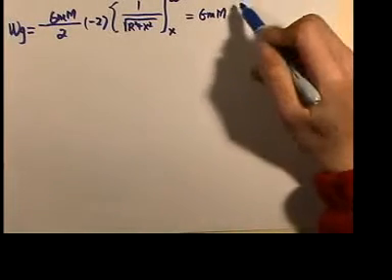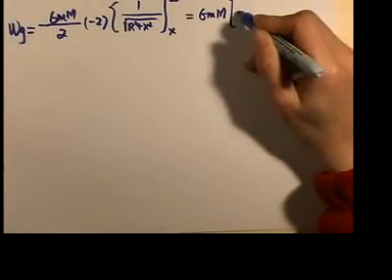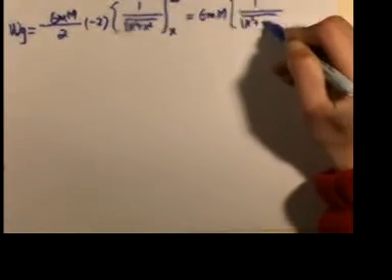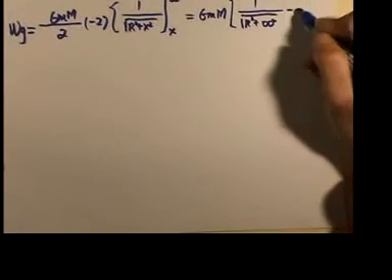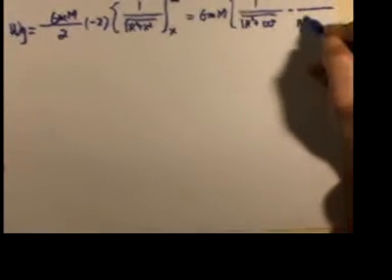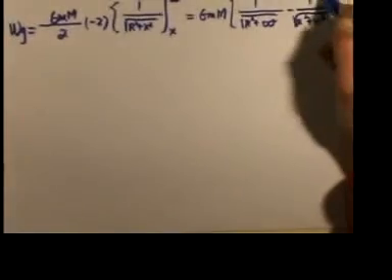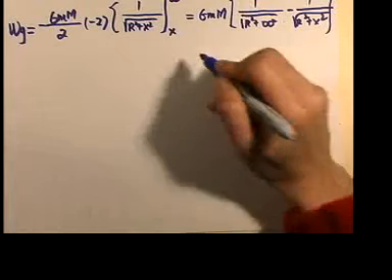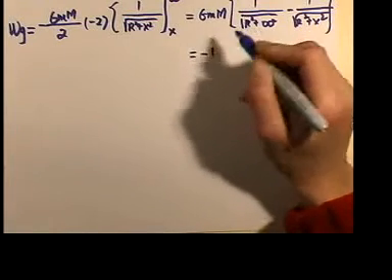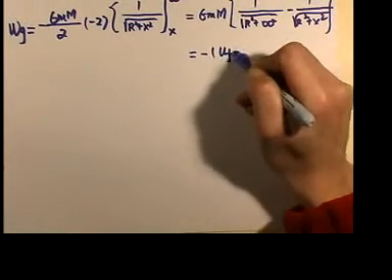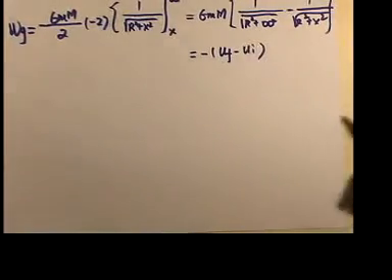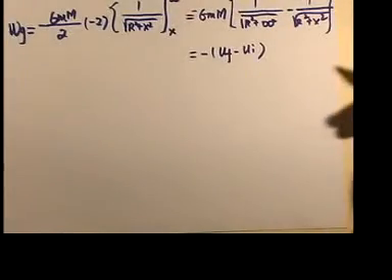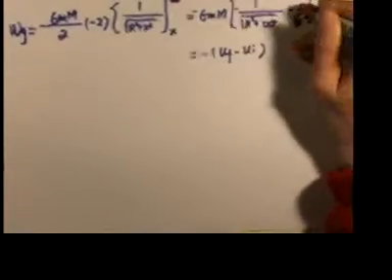So this will be G m M times final, that is this, minus initial, which is x meters away, so (r squared plus x squared) to the negative 1/2, final minus initial. If we compare this to the work done by gravitational force, equals the negative change, U final minus U initial, what we need is a negative here and there.